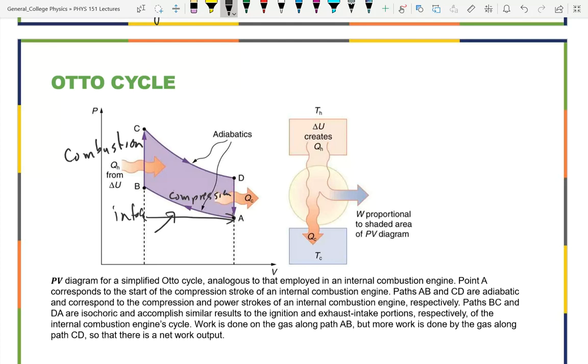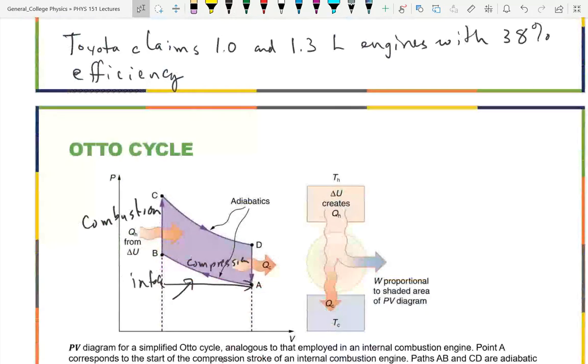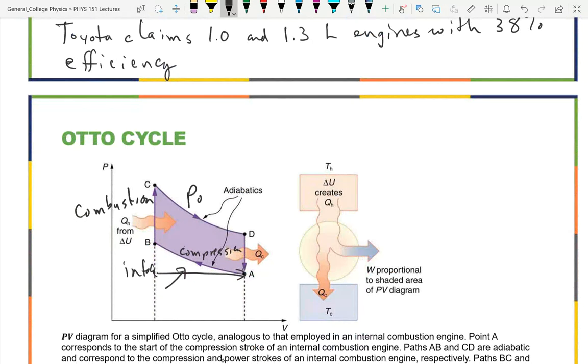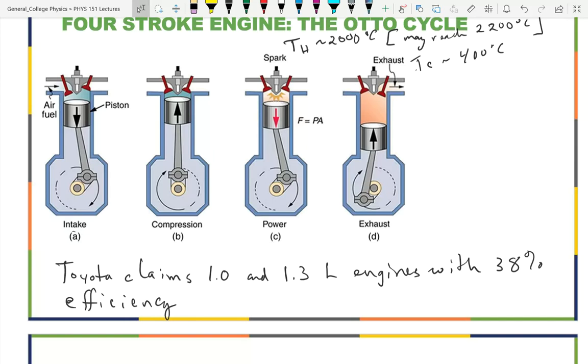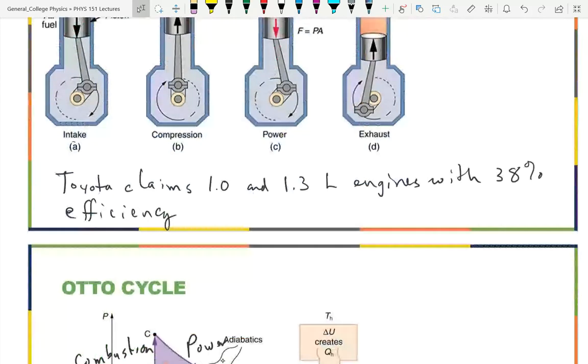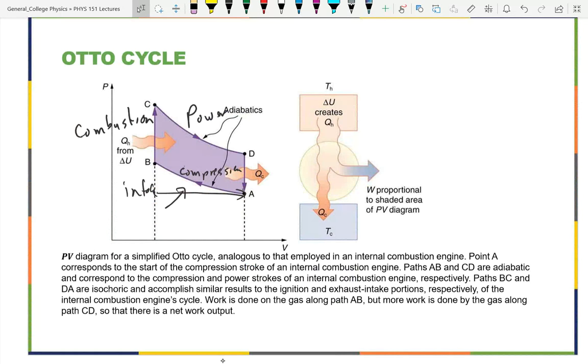Then the next step is the expansion. That was called power here. And then we have the exhaust. During the exhaust, heat is going out.